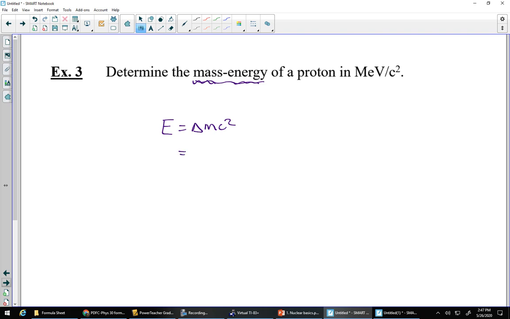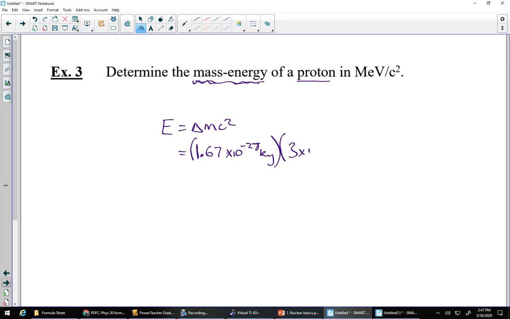In this case, we're using a single proton, so that's 1.67 times 10 to the negative 27 kilograms. And how much energy would that entire mass be?